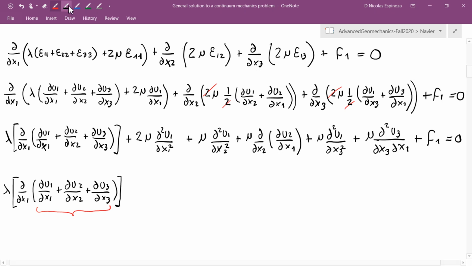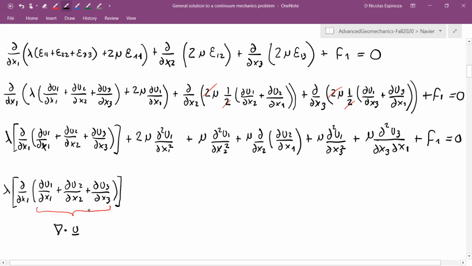All of this is going to be the divergence of the displacement vector. Notice that the nabla operator is a vector, and it's just the derivative with respect to x1, derivative with respect to x2, derivative with respect to x3, and this is a dot product, and it's combined with u1, u2, and u3. So when you add all of these up, you get what you see over here, and written in the vector notation is like this.